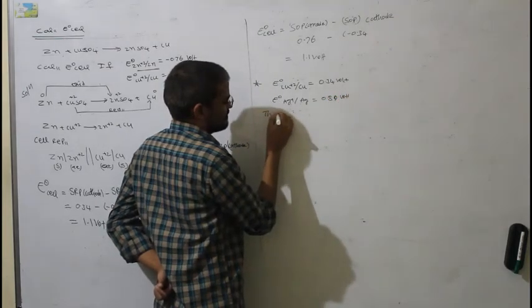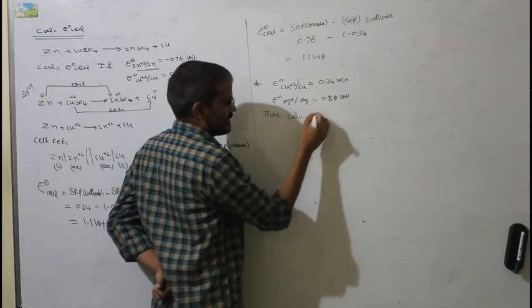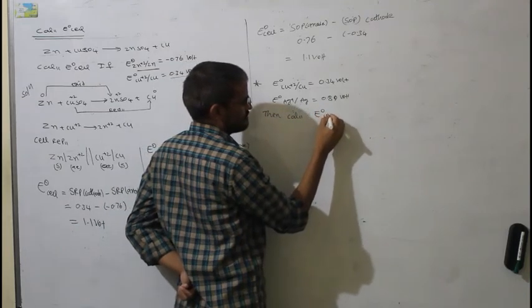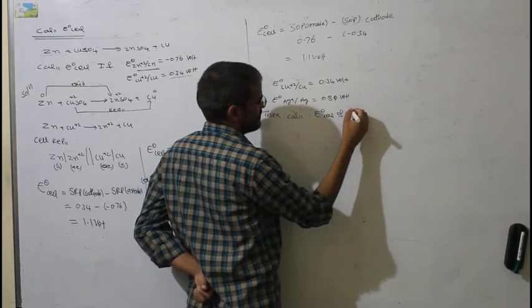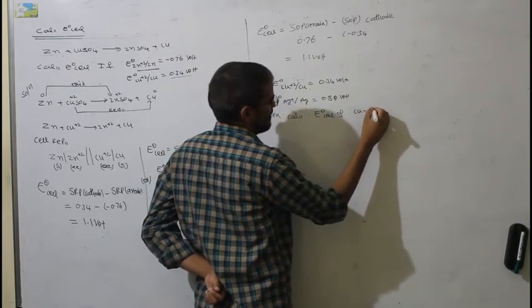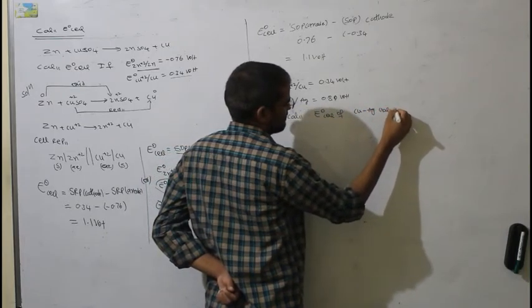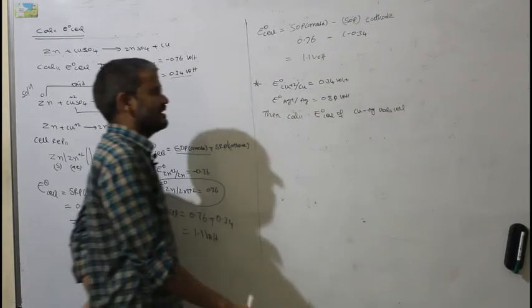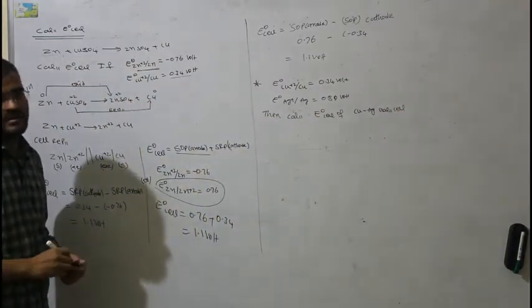Then calculate E naught cell of the copper silver galvanic cell.